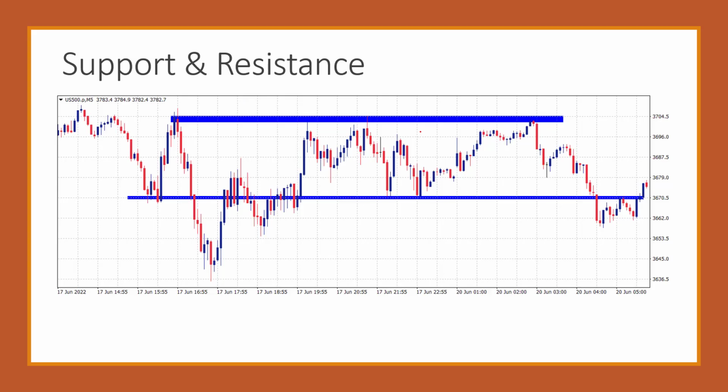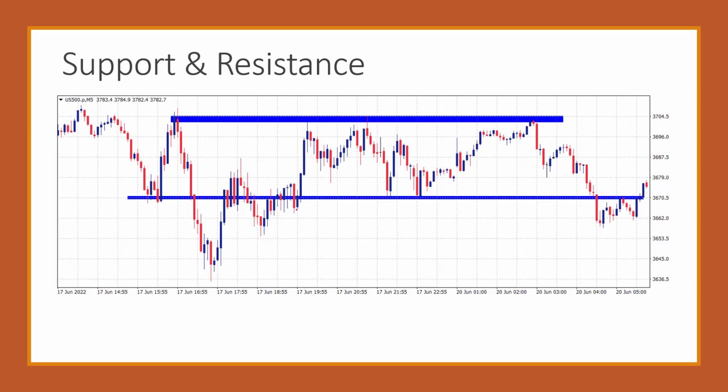So if you get multiple tests of the same level, and especially if they come in a short space of time, you want to keep in mind that the markets are trying to break out. And if they're able to break out, then there could be fairly strong momentum to the upside, or vice versa if you break through a support.